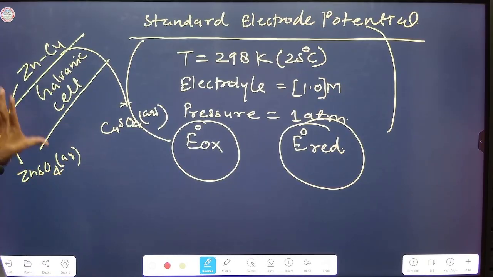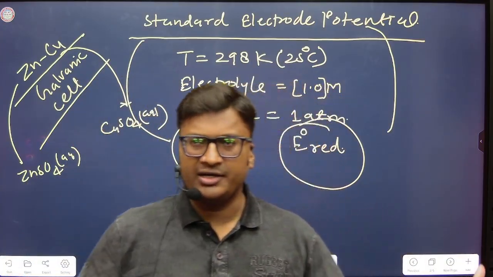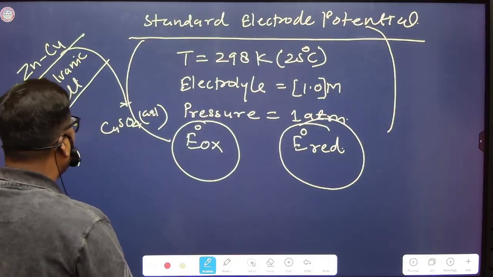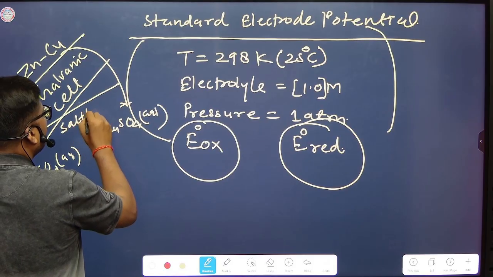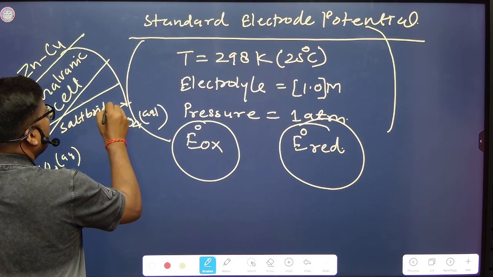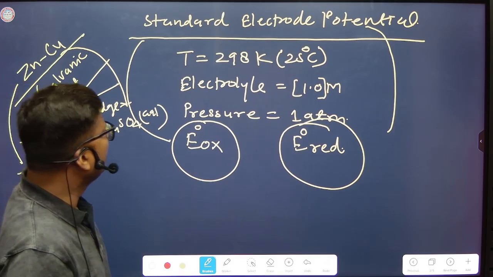Both the rods and both the solutions are connected with a salt bridge, and the salt bridge completes the redox process by maintaining the ion balance, right?